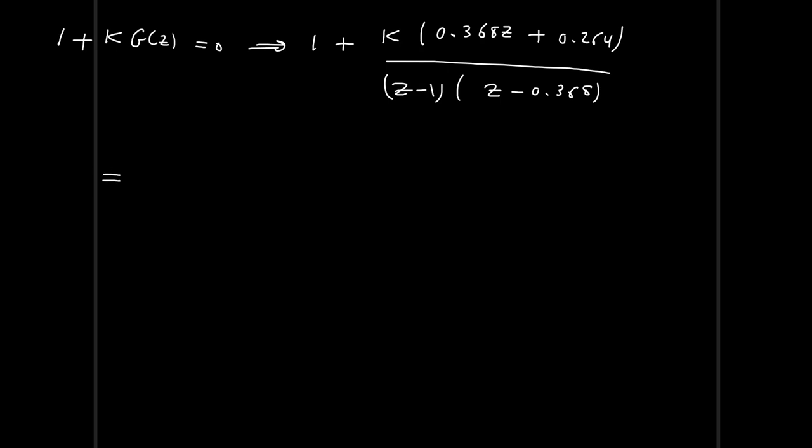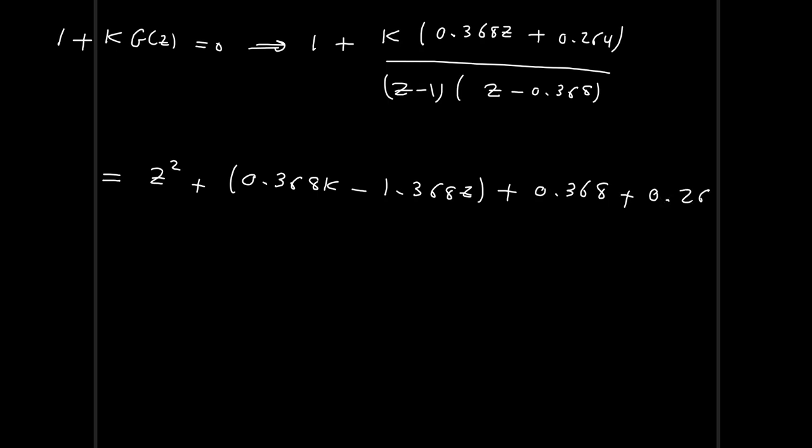So our characteristic equation now can be written, simplifying and collecting the terms, as z square plus (0.368k minus 1.368) z plus 0.368 plus 0.264k. Now, the conditions for stability. The first one is the coefficient of z to the power n must be greater than the absolute value of the coefficient of z to the power 0.